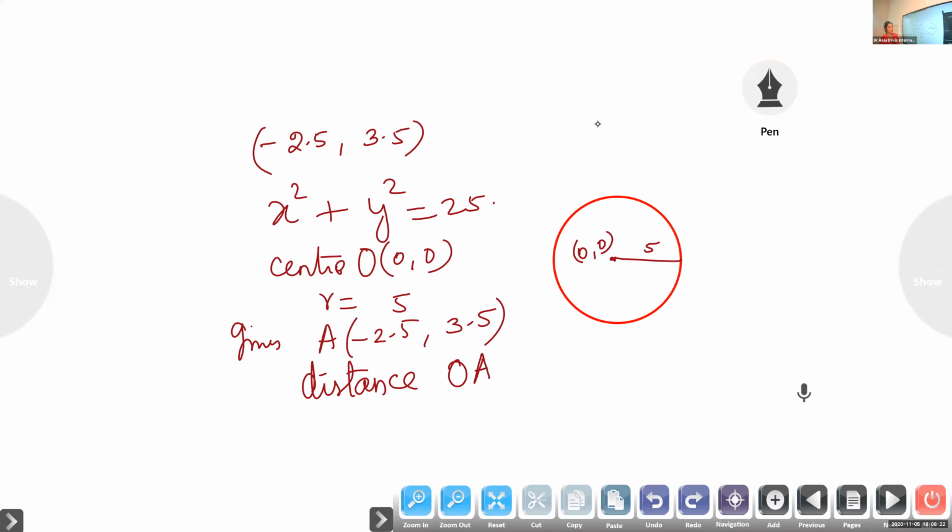So what is the distance OA? Use the distance formula. Root of x2 minus x1 the whole square plus y2 minus y1 the whole square.